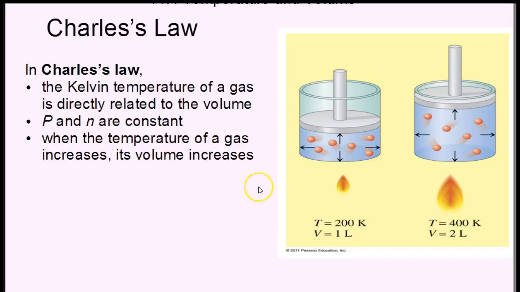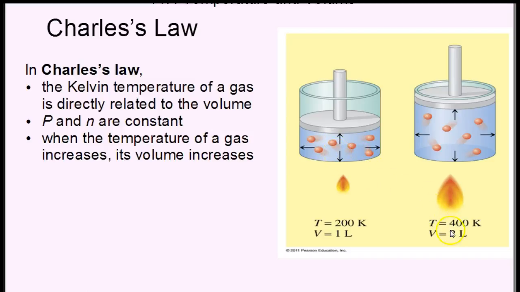So let's take a look at this graphic over here. We've seen a couple of them. And again, if we lower that piston and we decrease the temperature, let's say the temperature is at 200 Kelvin and we've got 1 liter in here, we can see how the gas molecules are moving and exerting pressure at all different angles here.